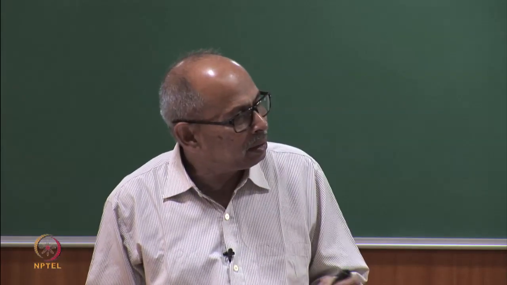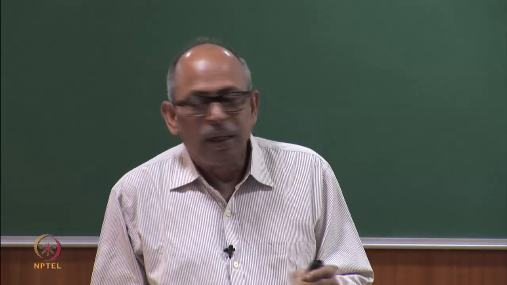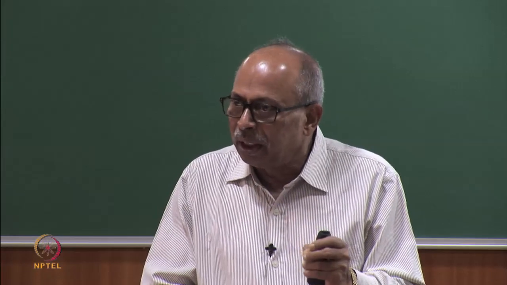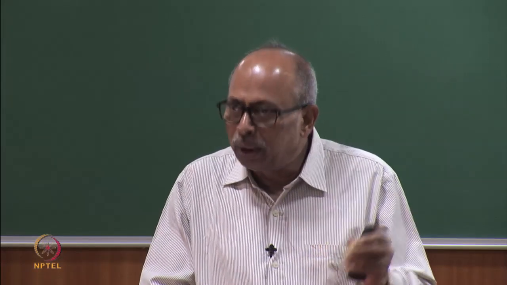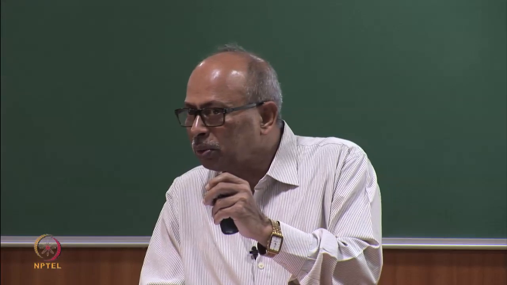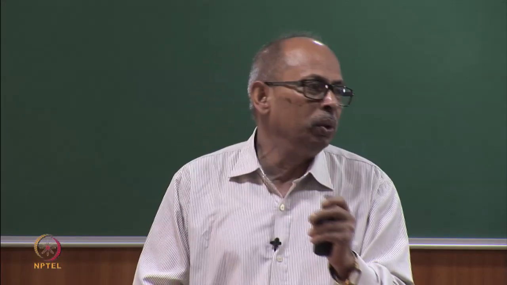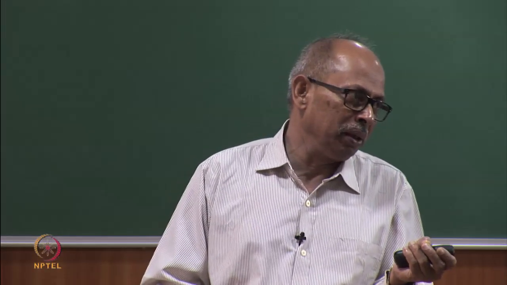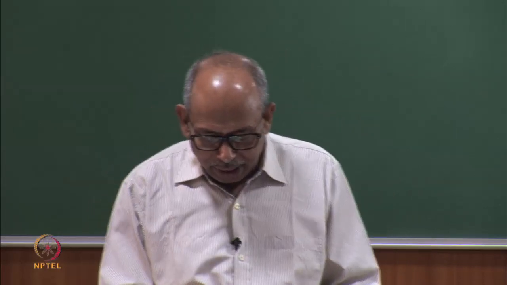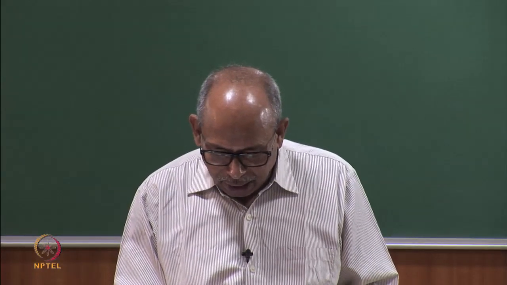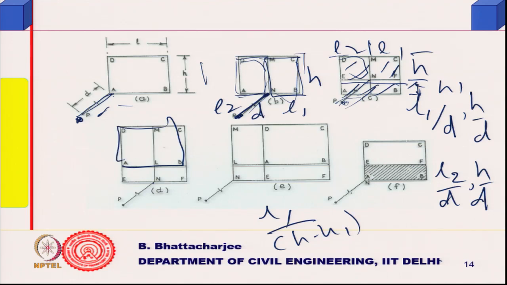The only thing is you must ensure that the normal drawn through the point of concern passes through one of the corners of the window. It could be the right corner or the left corner, it does not matter. So, a more general case is, let us say, something like this. This is your window ABCD, it is somewhat below.